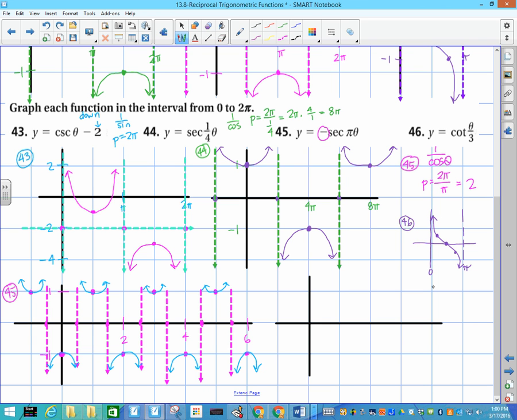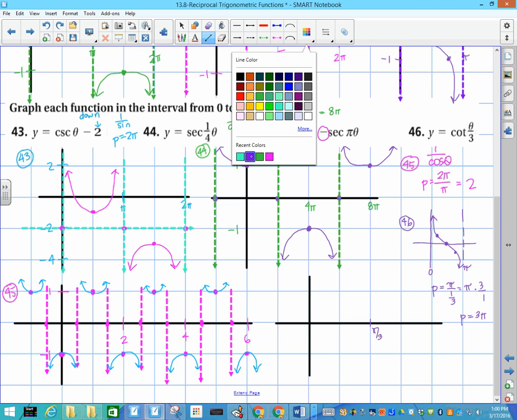My period of the cotangent function is normally pi, but remember theta over 3 is the same thing as 1/3 theta. So that's going to be pi times 3 over 1, so my period is 3 pi. For this one, I'm going to go out 2 tick marks and label that pi over 3, and that's where I know I have an asymptote.